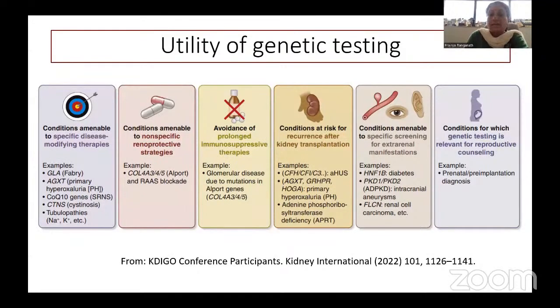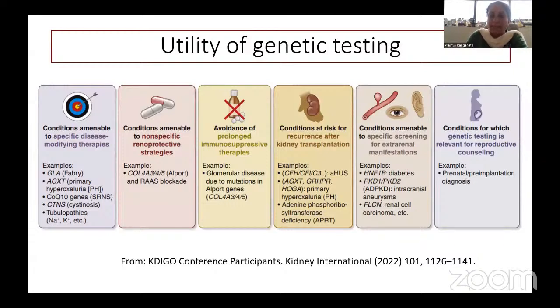Then in addition, conditions at risk for recurrence after kidney transplantation can be determined, as already previously mentioned. For example, in some of the atypical hemolytic uremic syndromes, primary hyperoxaluria, and certain other conditions, we know that there is a risk of recurrence in the transplanted kidney. So you could probably avoid transplant there or do some other modifications pre-transplant to reduce the risk of recurrence.